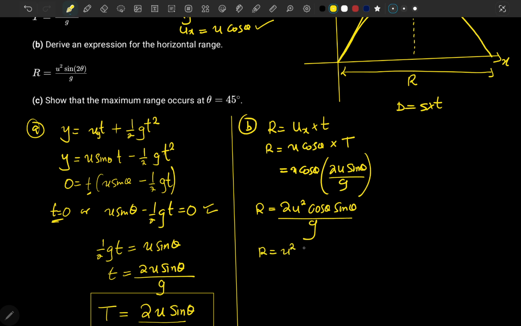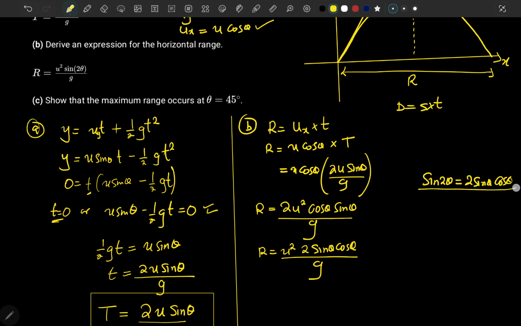Now let me just arrange this properly. This is 2u squared sine theta cos theta over g. If you don't know what you are doing, you can stop here, but if you remember the double angle identity for sine 2 theta, sine 2 theta is 2 sine theta cos theta.